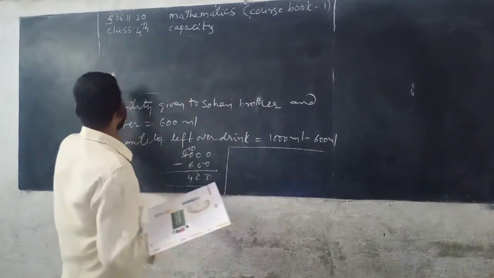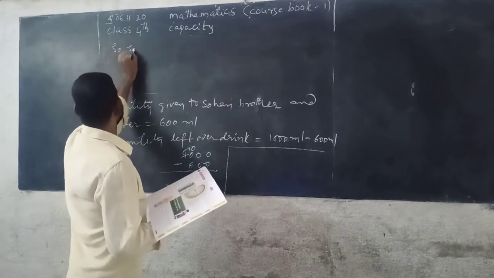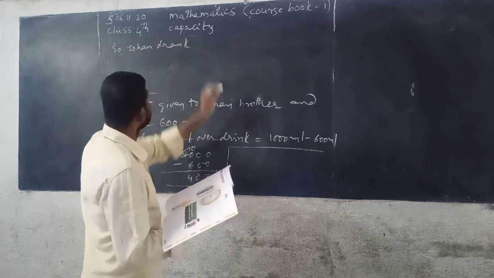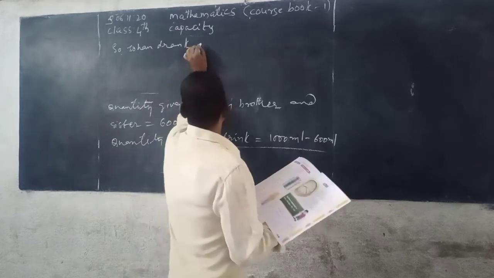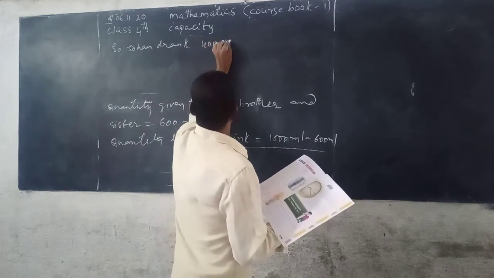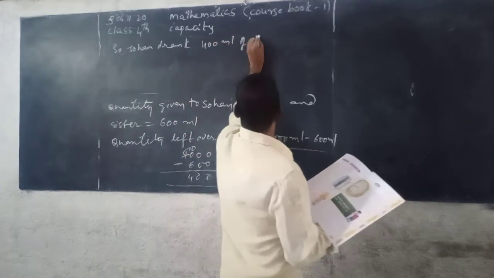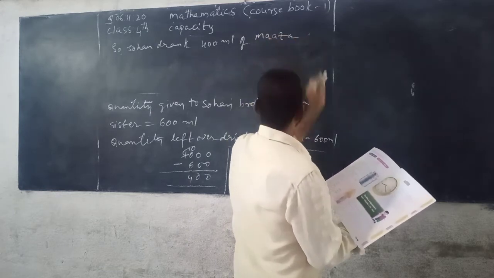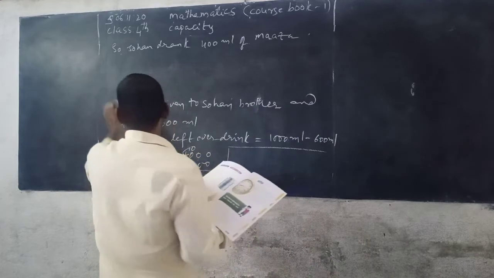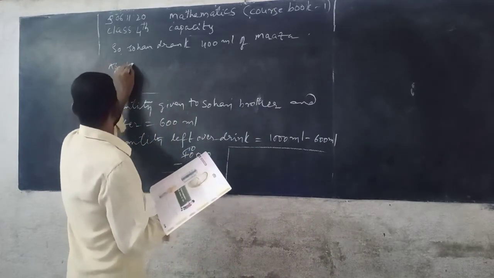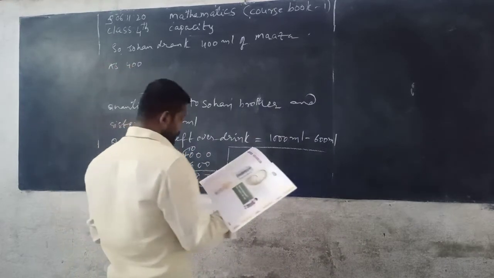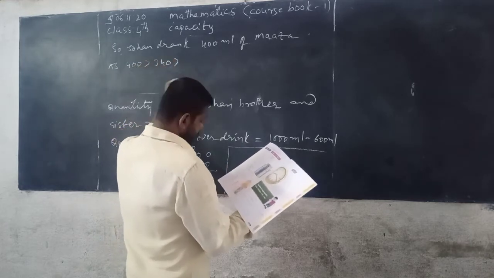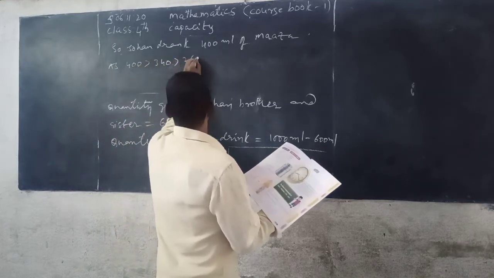So Sohan drank 400 milliliters of Maza. 400 is greater than 340 is greater than 260.